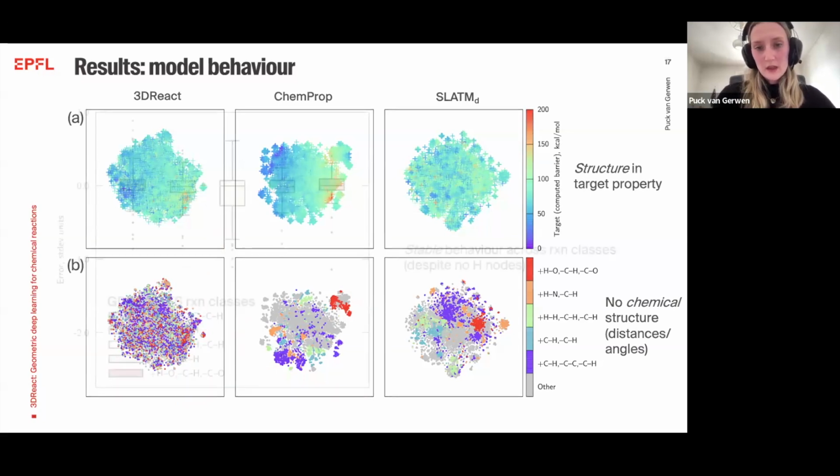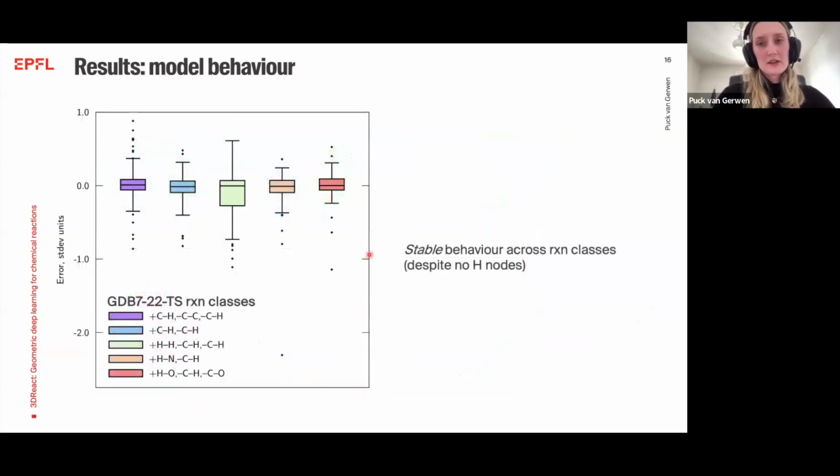And if we do some further analysis into these reaction classes, it's usually nice to see that if you change the reaction class, you still have stable performance. And here you do indeed have pretty stable performance regardless of the reaction class. The only reaction class where you see slightly higher errors and higher standard deviations is reactions just involving a hydrogen-hydrogen bond.